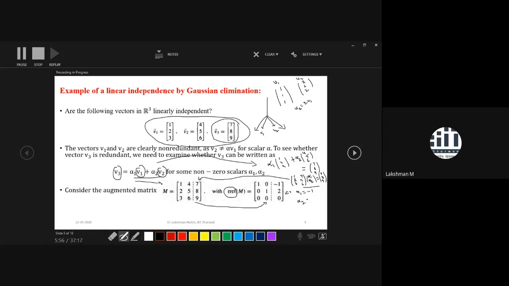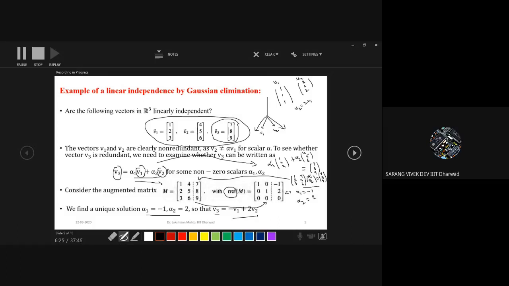So what does it mean? It means that V3 is a linear combination of V1 and V2. So simply we can say that the vectors V1, V2, V3 are not linearly independent. Why? Because we got non-zero alpha 1 and alpha 2, so that V3 has been written as -V1 plus twice V2. Yes, any question?